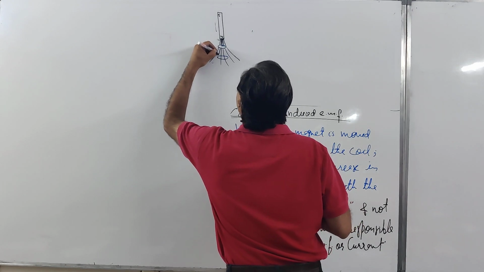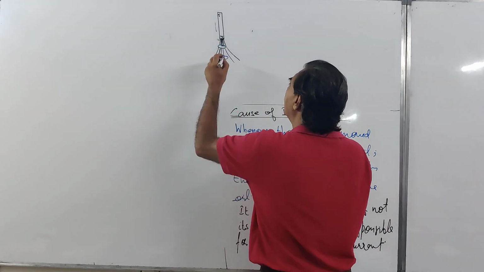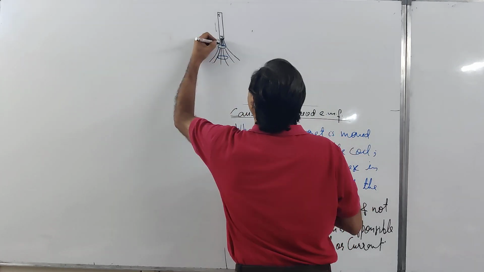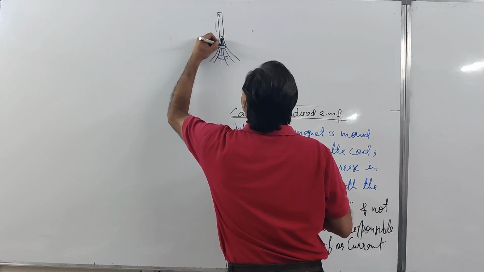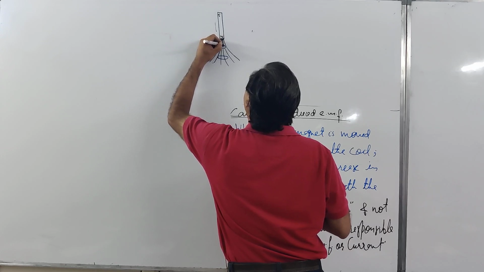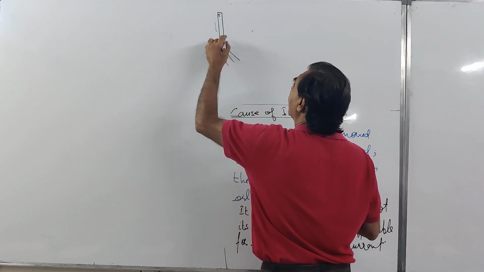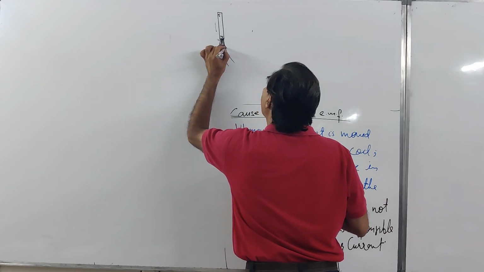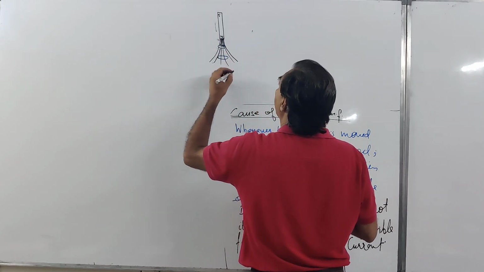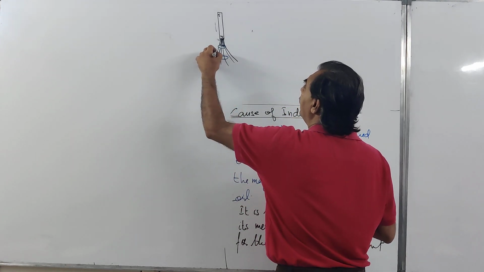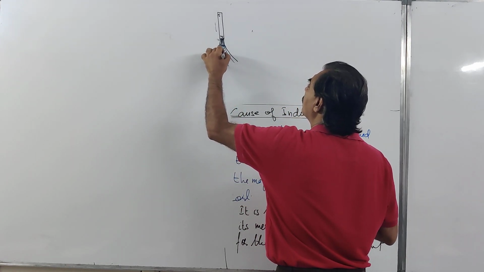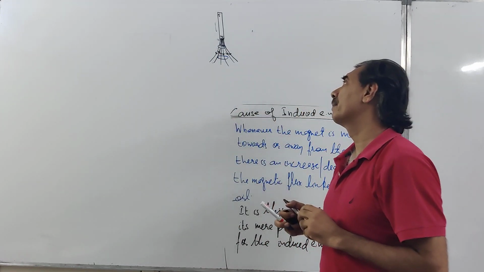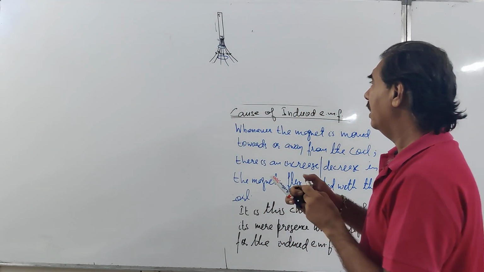The number of field lines which are passing through this area are lesser than the number of field lines which are passing through this area. Right? These are the field lines which are emanating from the North Pole. Thus the magnetic flux. बड़े अच्छी तरह शो हो गया.